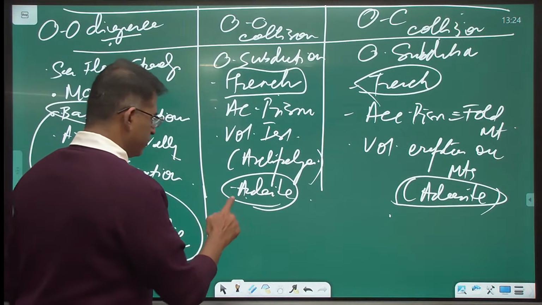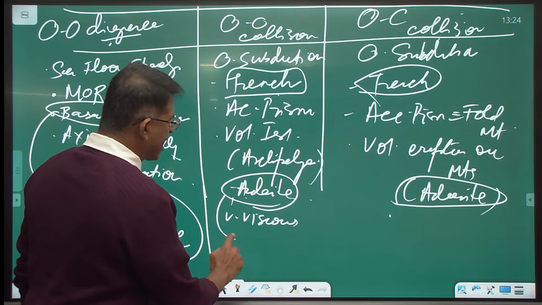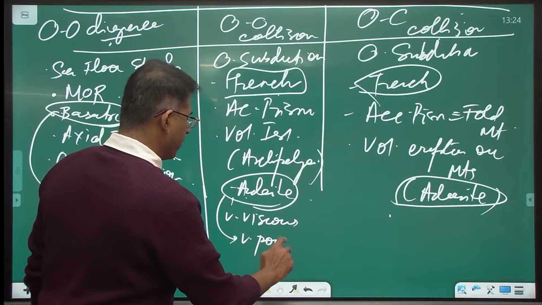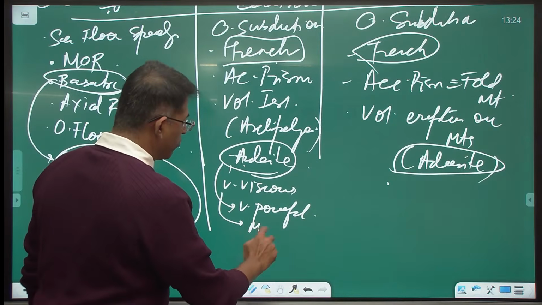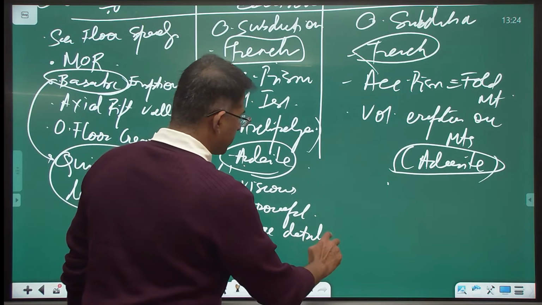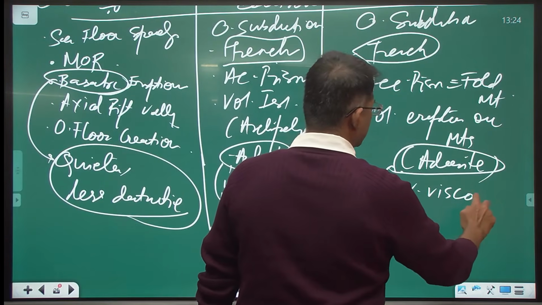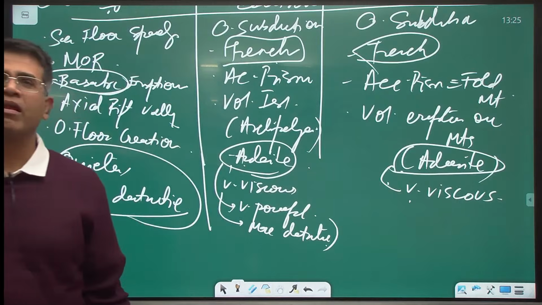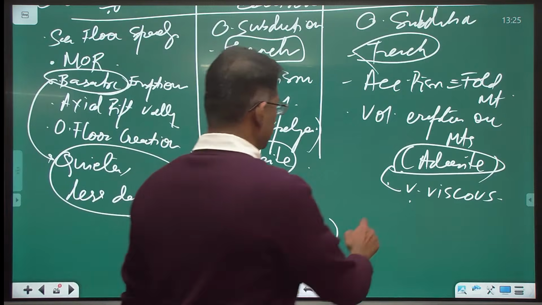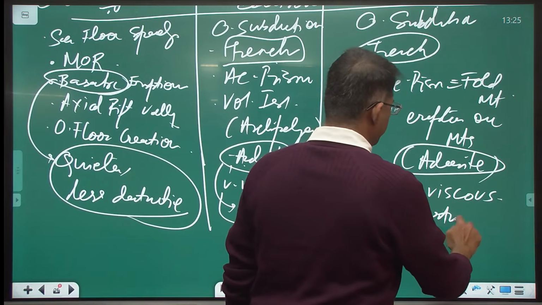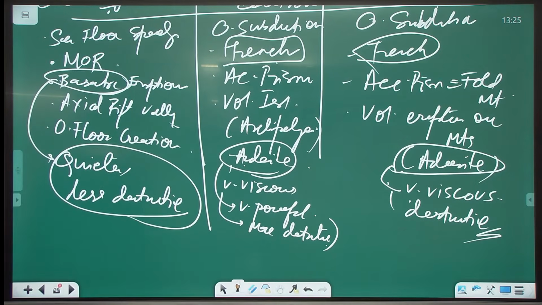Andesite is very viscous, very thick. So andesite eruptions are very powerful, and therefore more destructive. This is a very viscous, very thick lava. These also are destructive eruptions.